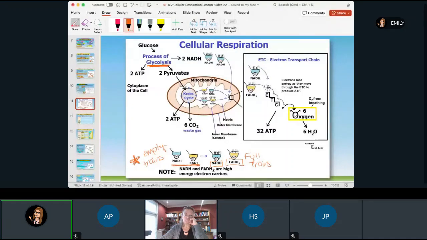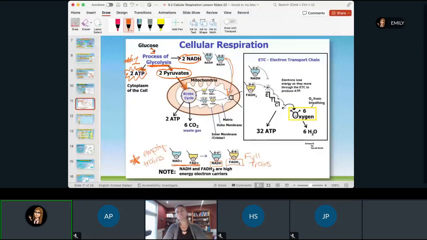This is step number 1. Glucose comes in, and we get 2 ATP. We get NADH, which comes all the way down here to the electron transport chain. And then we get 2 pyruvates, which go right into the Krebs cycle.